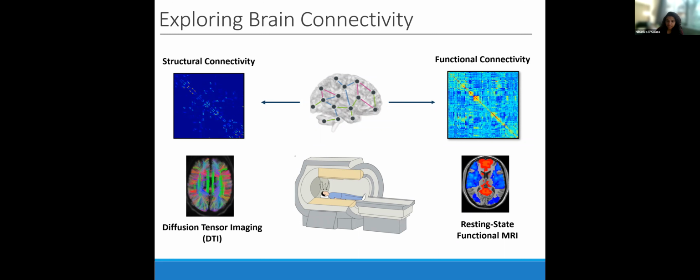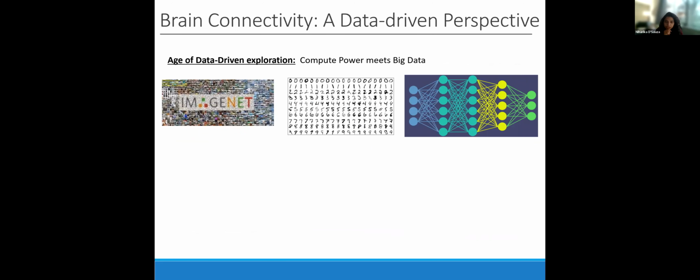This figure illustrates the connectomics, or connectivity-based views, of function and structure, which we use in order to map brain organization. From the algorithmic and computational perspective, we have been witnessing an explosion in data-driven methodologies. This has largely been fueled by a phenomenal increase in compute power, along with curation of large data sets such as MNIST or ImageNet.